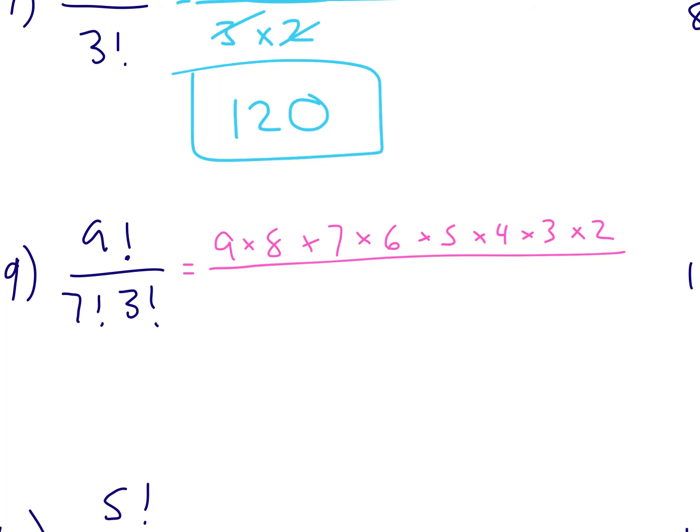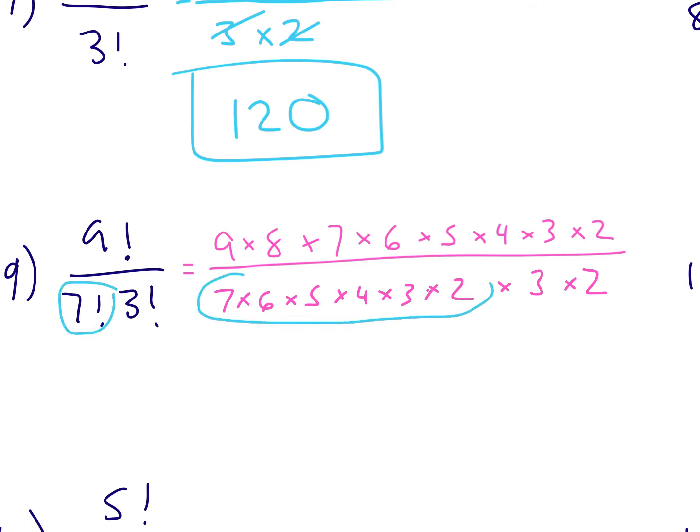You have to do 7 factorial, so that is 7 times 6 times 5 times 4 times 3 times 2, and then 3 factorial is 3 times 2. So this 7 factorial is this part, and 3 factorial is just this part. And we just multiply it together.